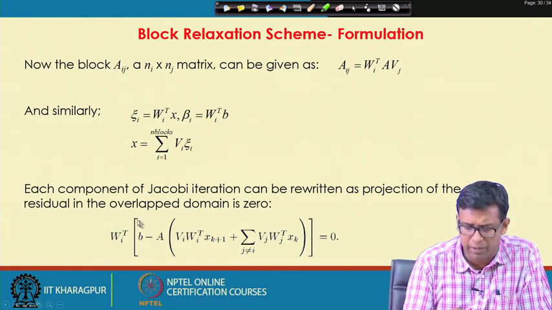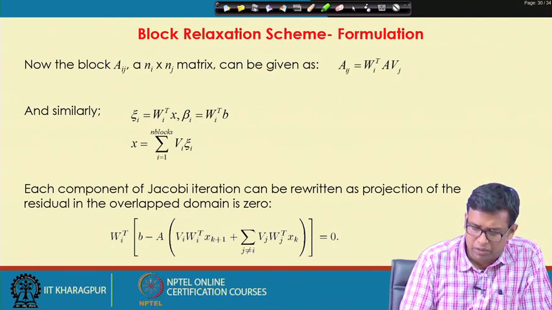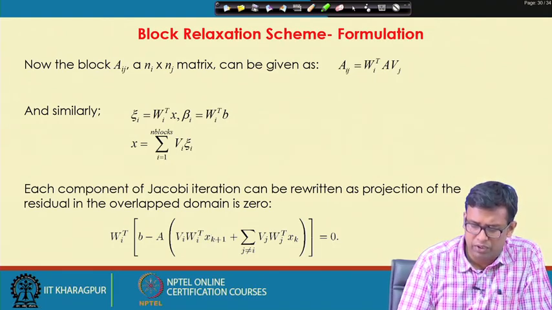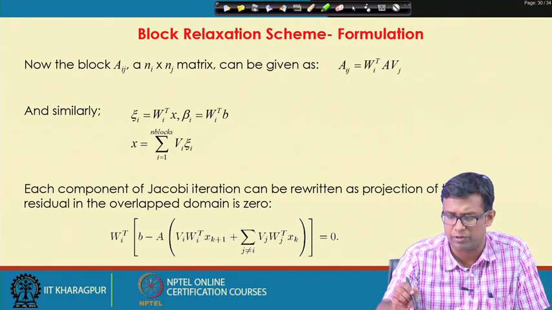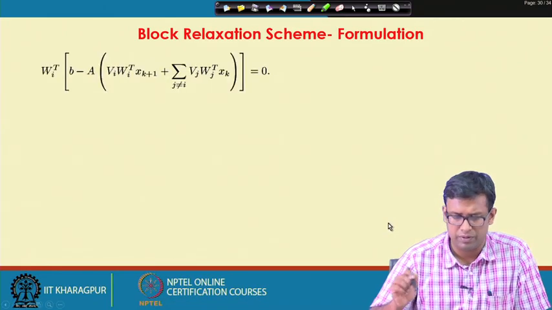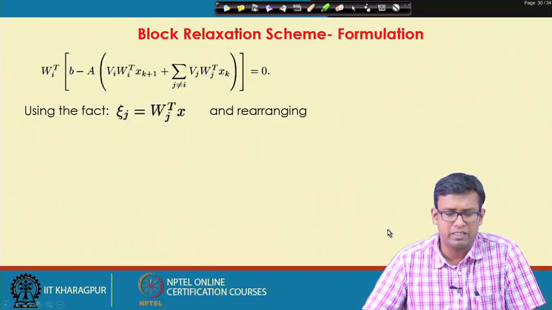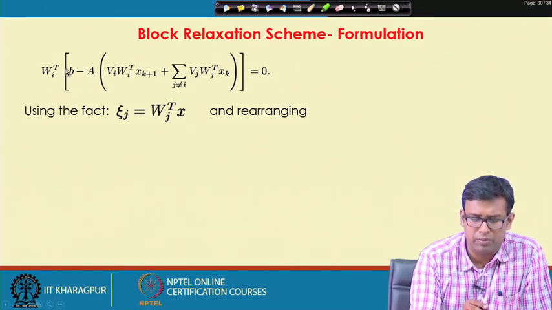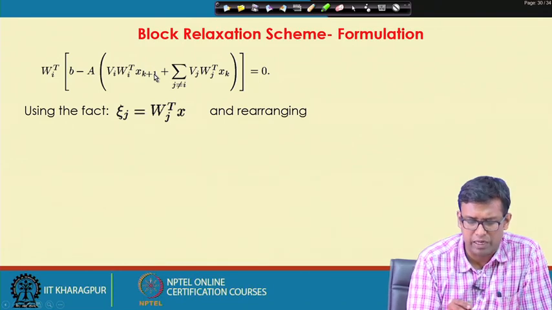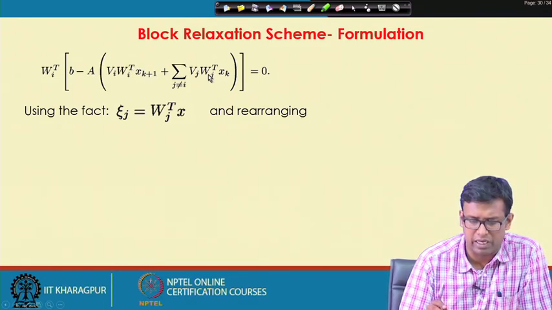So this becomes the Jacobi iteration step, projecting that the new solution, the residual from the updated solution and non-updated solution, must be 0 in the overlap domain. Now, we use the fact that xi_i is equal to W_i transpose x. So we multiply W_i transpose with this, and whenever W_i transpose x is there, this is xi_i^k.